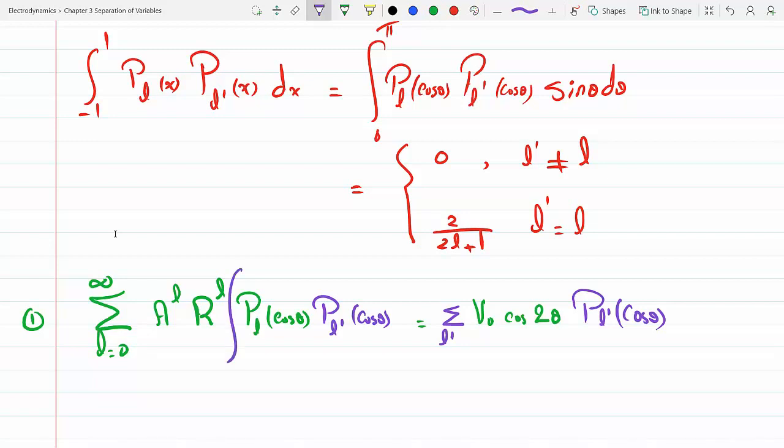These are constants, so they can come out. I should have added here sine theta d theta, and here sine theta.